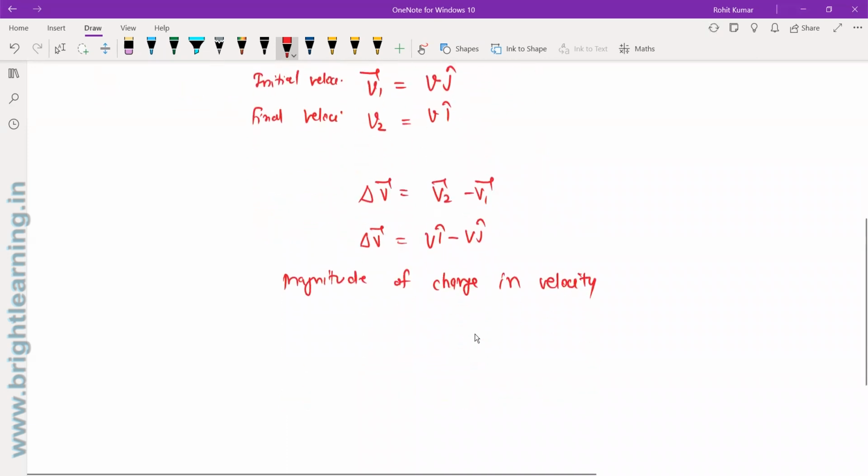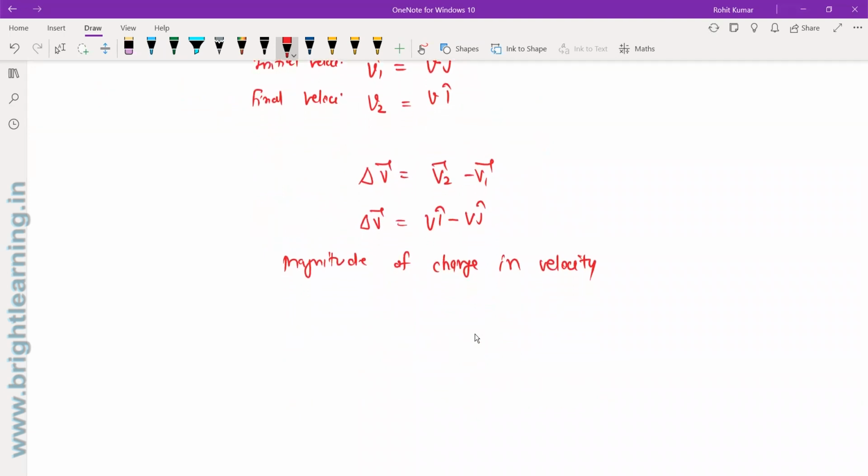To find this magnitude, I will use this expression. Suppose we are given a vector A equal to ax i cap plus ay j cap plus az k cap, and we need to find the magnitude of A. Then the magnitude of A can be found using this expression: the square root of ax square plus ay square plus az square.